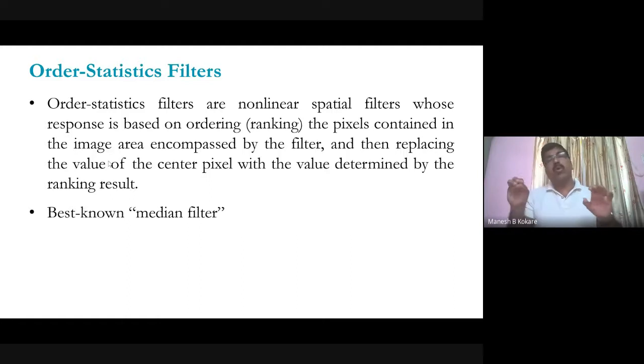It will remove only noise, and it will keep the edges intact. That's why most of the time in computer vision, the median filter is preferred over the simple averaging filter, so that edges are kept intact and noise is also removed.